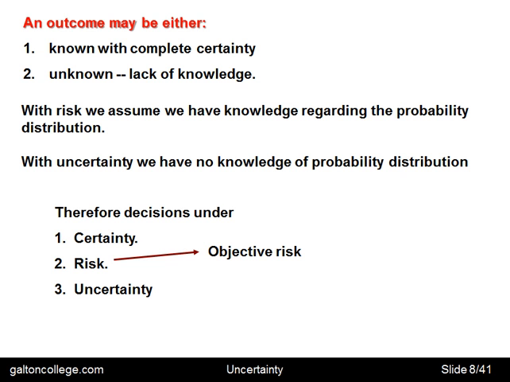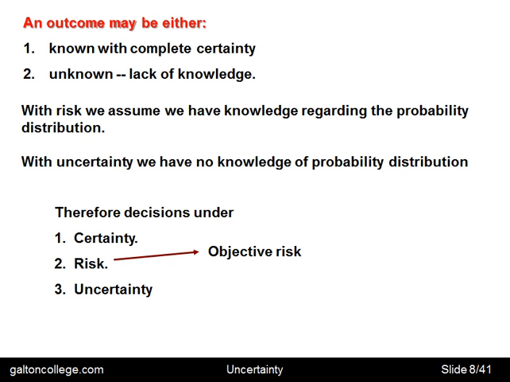Now, when we talk about risk, we can have objective risk. Objective risk is the type of risk that we can measure. For example, tossing a coin. What's the probability of getting a head? We can toss the coin many times over until we work out what the probability is. Generally speaking, it should be 50% of the time.